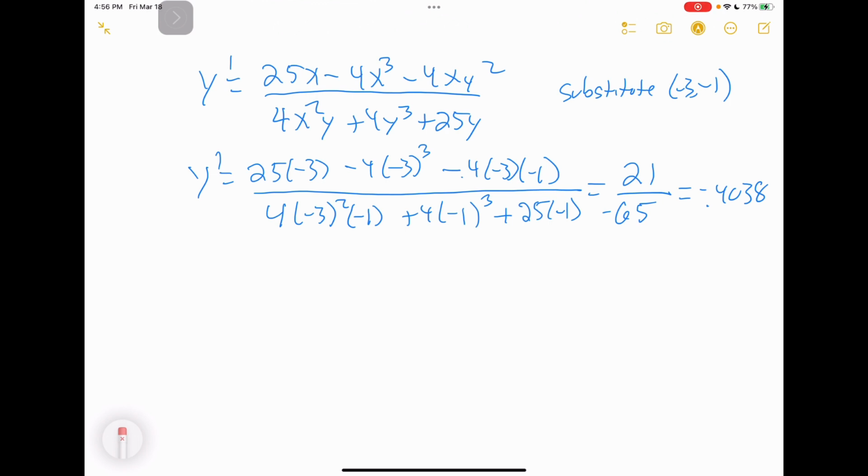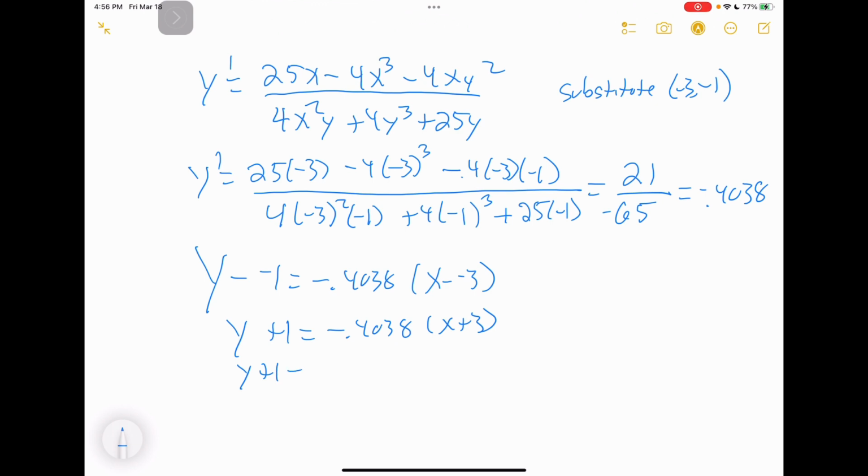So to finish this off, though, we'd have y minus the -1 equals -0.4038 times x minus -3. So y plus 1 equals -0.4038 times x plus 3. So y plus 1 equals -0.4038 times x, I don't need the parentheses anymore, plus -0.4038 times 3.